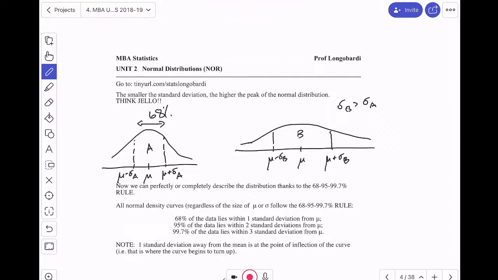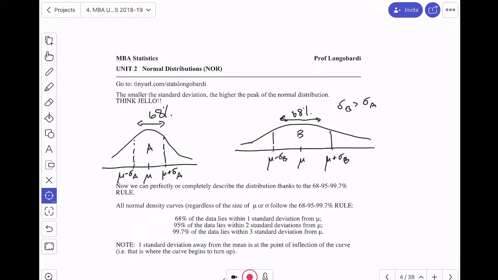It's not meant to confuse you. It's meant to help explain things. So for this to be normal, if these are both normal, then this would have to also be 68%. Sigma B would have to be bigger than sigma A for this drawing to make sense.